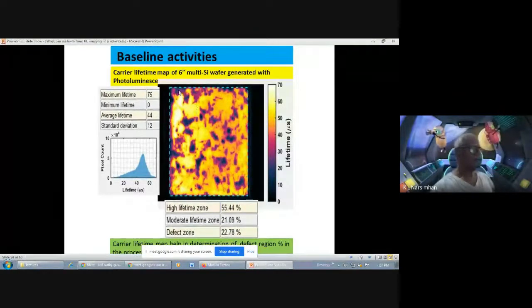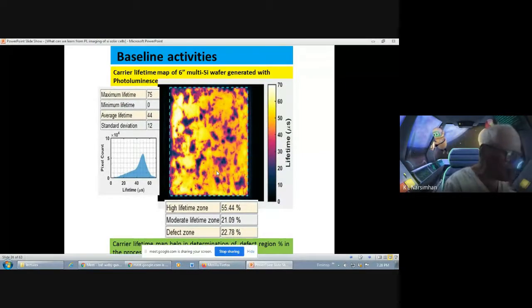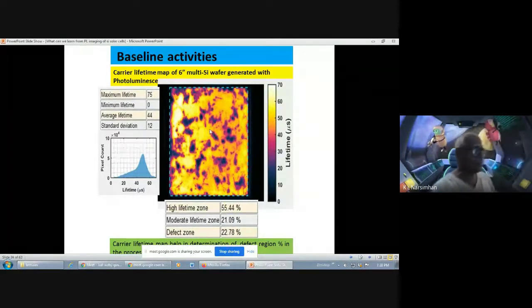So here is a sample of multi-crystalline silicon. Multi-crystalline silicon by its very name means that I have grains inside it. It's not a single crystal. I have grains, so at the grain boundaries, there's recombination that will take place. So when I shine this red light to absorb, and then look at the emission, which is at 1 micron, you can see these regions.